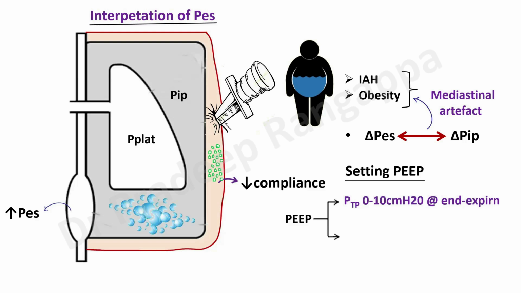Transpulmonary pressure can also be used for the setting of PEEP. It is suggested that we keep the end-expiration transpulmonary pressure at 0 to 10. But as I said, the whole problem of transpulmonary pressure happens mainly in inspiration, so we have to focus on inspiration and how it has an impact.